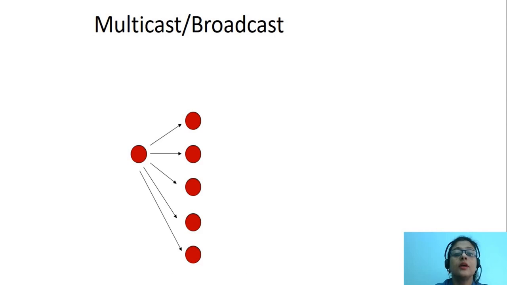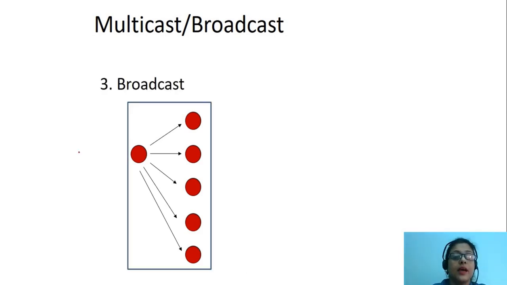Next we go for broadcast. In broadcast we can see here that again there is a single node at the input side and there are multiple nodes at the output side like NO1, NO2, NO3, NO4, NO5.